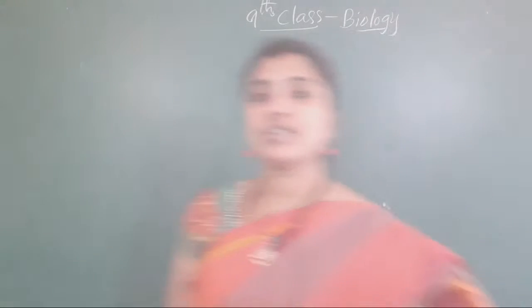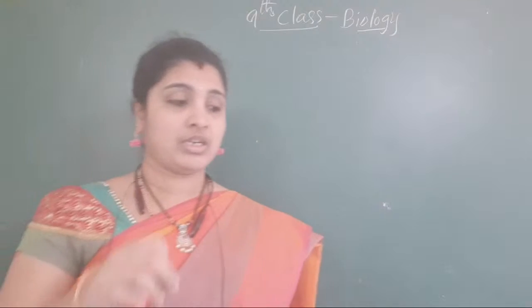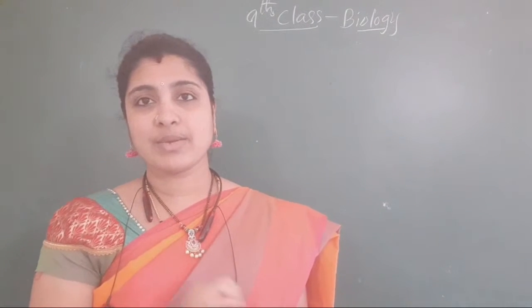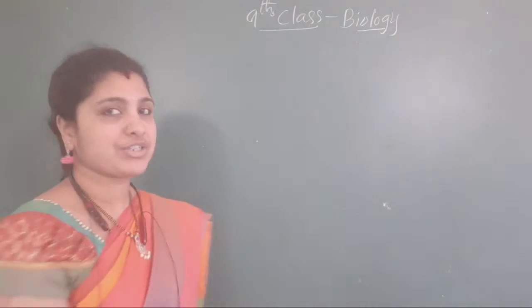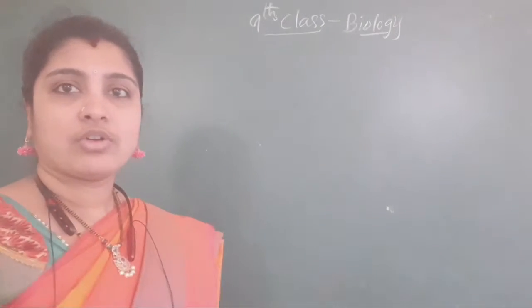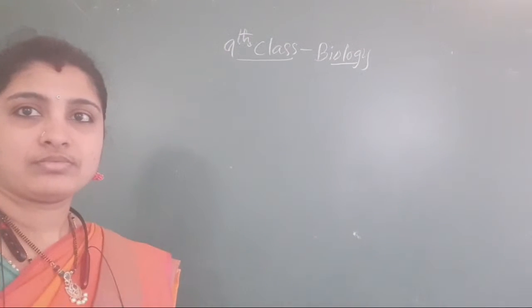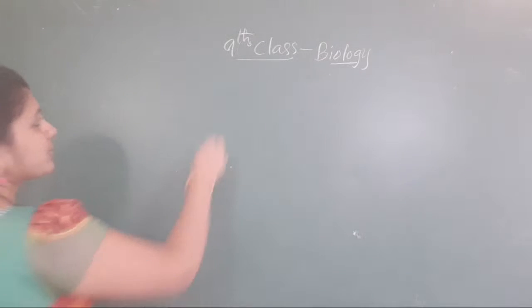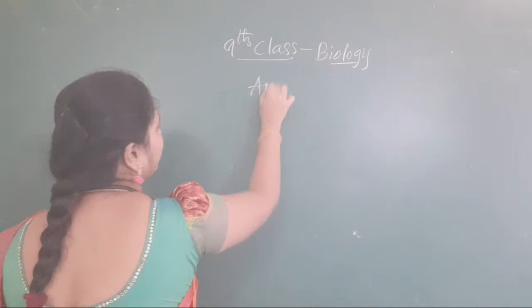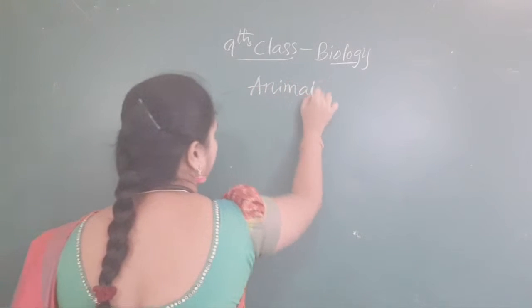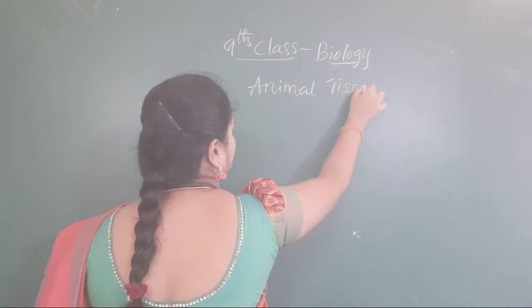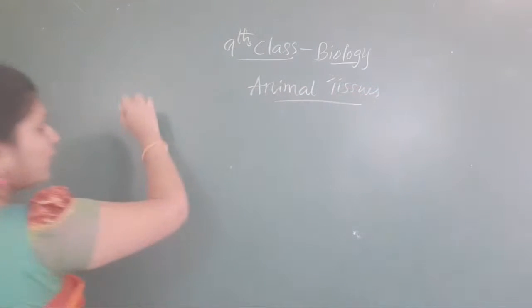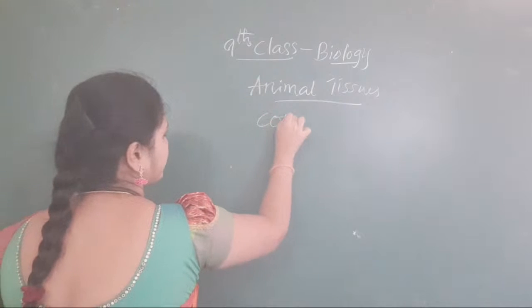Yes, students. Up to now we have discussed connective tissues. In the connective tissues we are discussing the blood. Our lesson name is animal tissues and we are discussing connective tissues.